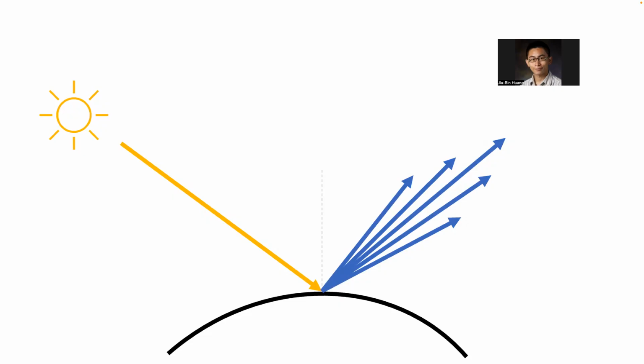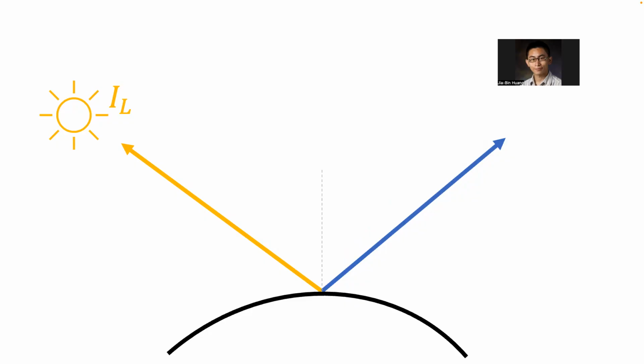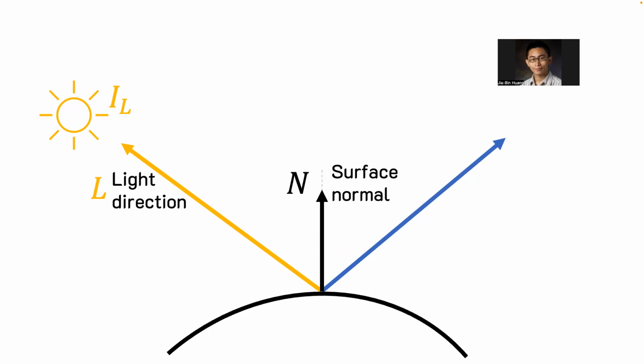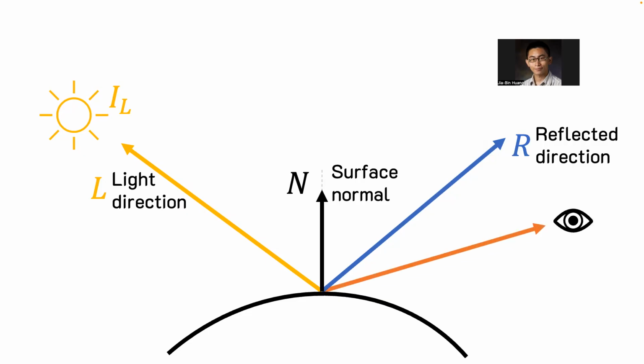Okay. So essentially you have a light ray like this, and you have a lighting direction. It's a vector that specifies the lighting direction, and you have a surface normal, like this, and your reflection angle like this. And then you have an observed location like this.